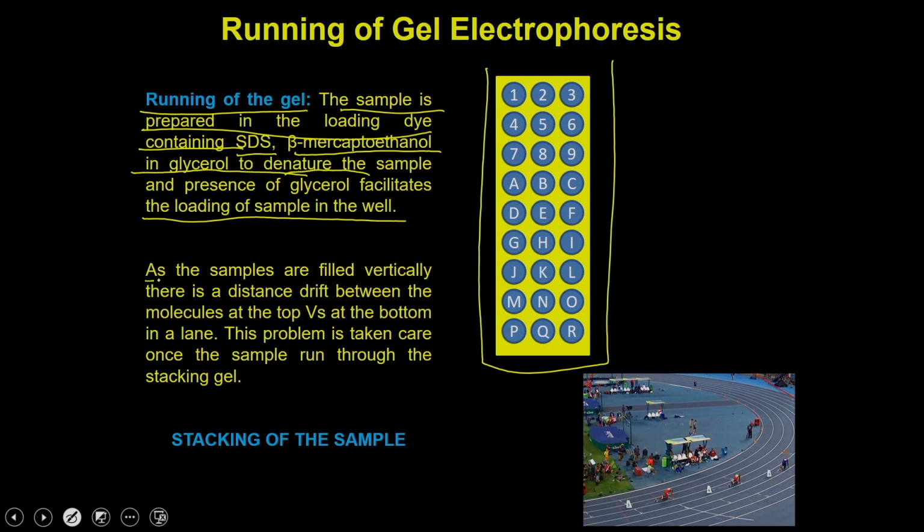Since all the samples are filled vertically, there is a distance drift between the molecule at the top versus the molecule at the bottom in a lane.